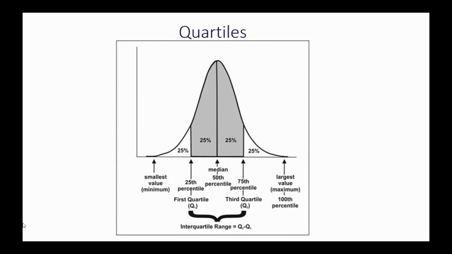The median, it doesn't have it on this picture. If you want to add it though, it's also called the second quartile, or Q2. And then the third quartile separates the top quarter from the rest.